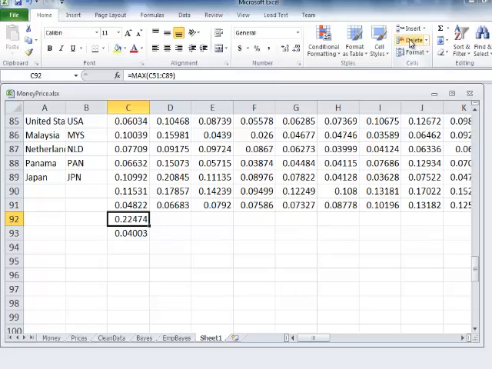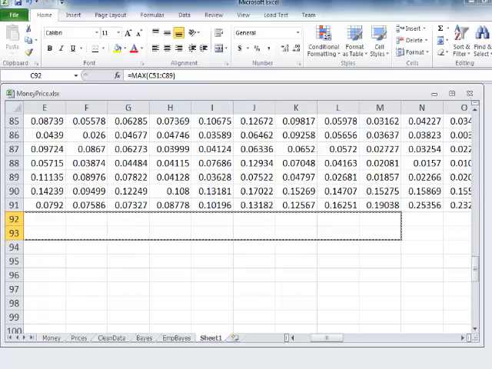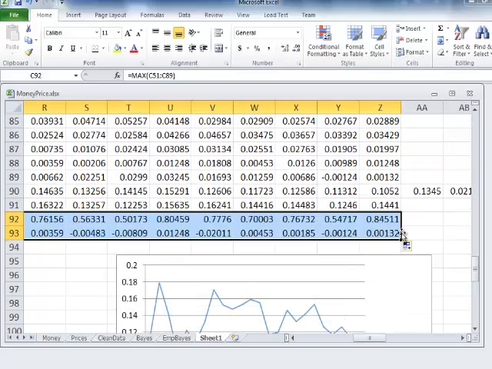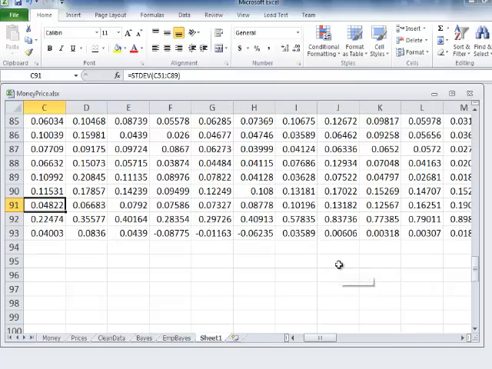And similarly, the lower side is also okay. Now I'm going to copy this. And now I need to check all of these things to see if there are any further outliers.